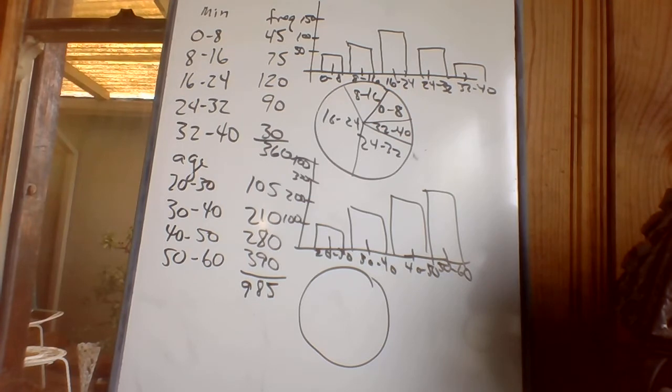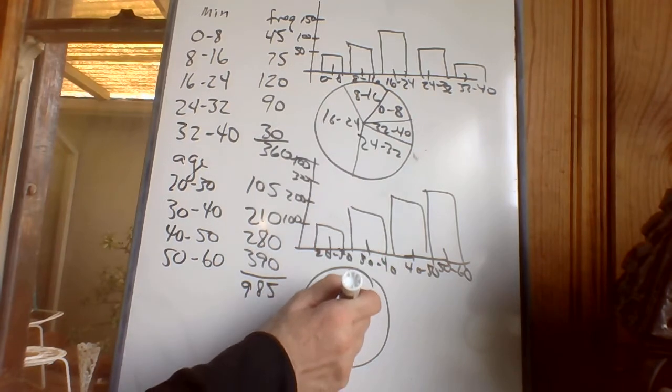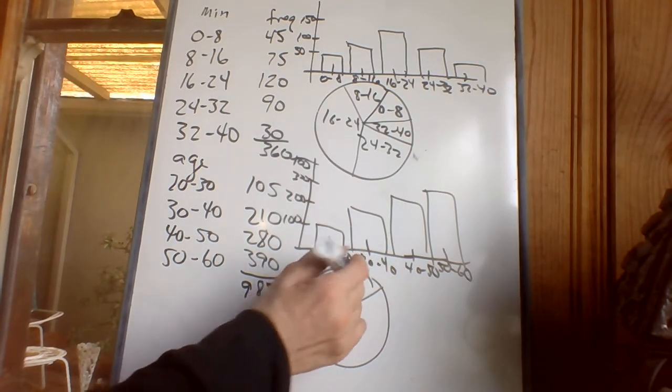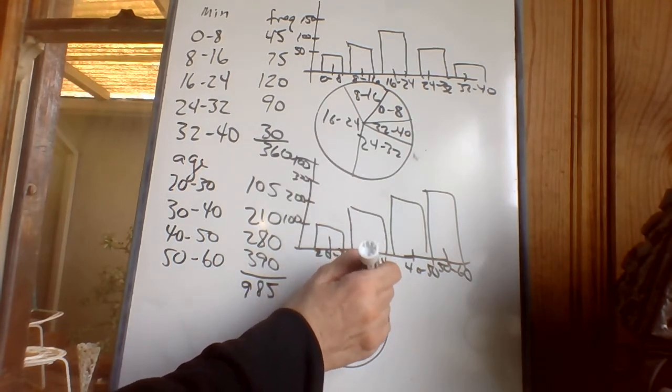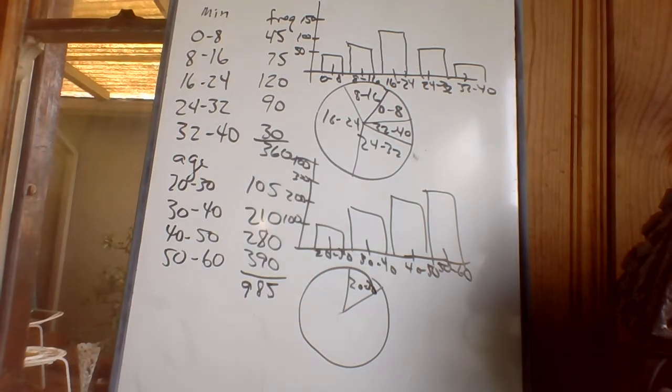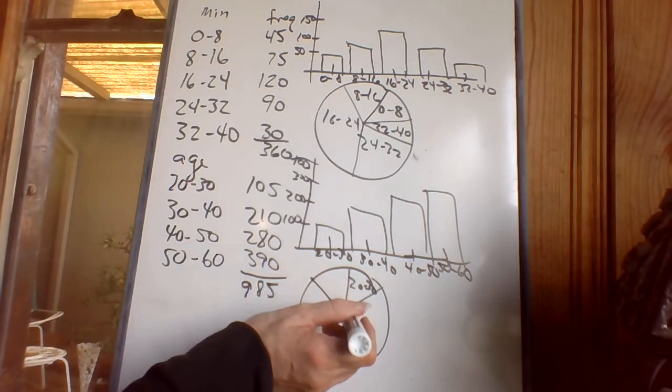105 divided by 985. So this first one's supposed to be about 10%, skinny. I'll just call it skinny. All right, 210 divided by 985. 20% should be at least somewhat bigger than the last one, almost double, really.